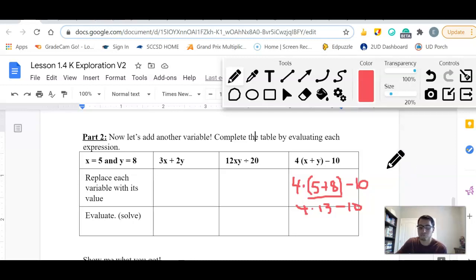All right, no more parentheses or grouping, no exponents. We then have multiplying and dividing, which is right here. 13 times 4, that's 52. Minus 10. You should get an answer of 42.